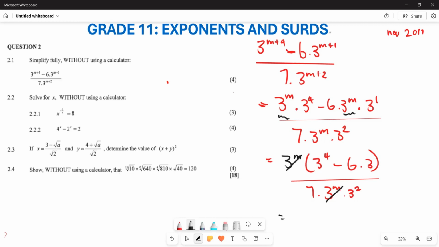So this is 81 subtract 3 multiplied by 6, which is 18.